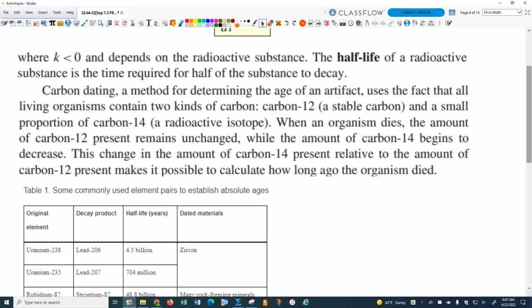So when an organism dies, the amount of carbon-12 present, of course, remains unchanged because that's stable, but the carbon-14 decays, right? And so by just measuring the relative percentage of carbon-14 in an artifact, you can determine very accurately how old it is based on how much of the carbon-14 has decayed. Okay, do you have any questions about that?